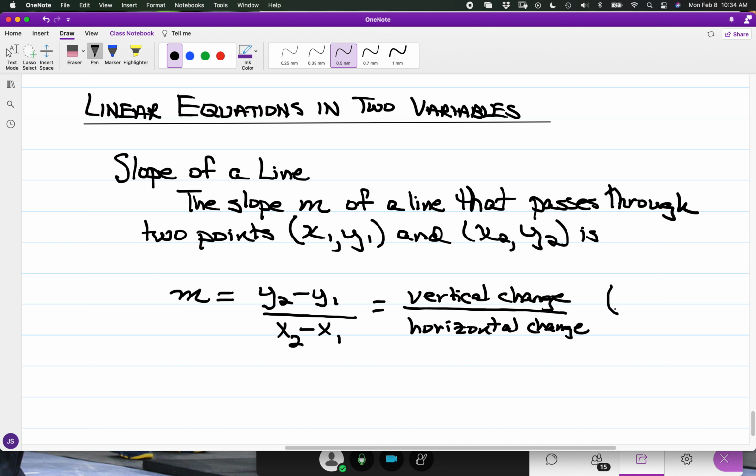And with the condition that x02 minus x01 cannot be equal to 0, or in essence, you cannot have the same x values in order for the slope to be defined.